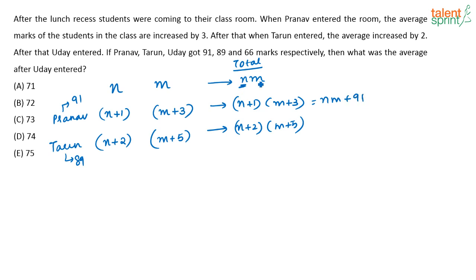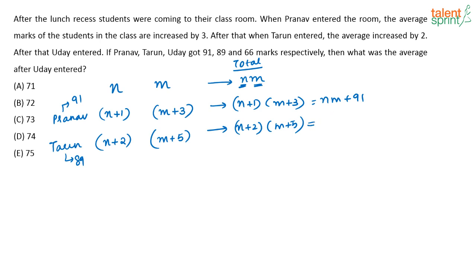See, totally n students are there, their average marks is m, so the total marks is n into m. Now there are n plus 1 students, their average marks is m plus 3, so the total marks is n plus 1 into m plus 3. But I already know that Pranav has scored 91 marks. So to the total marks that was there earlier, now I am adding this 91 marks also. That is the current total marks.